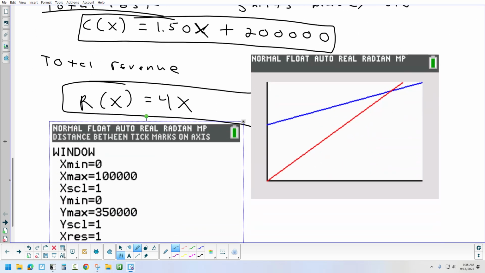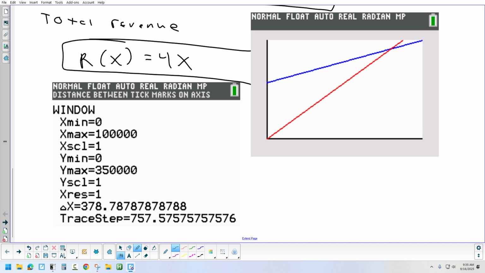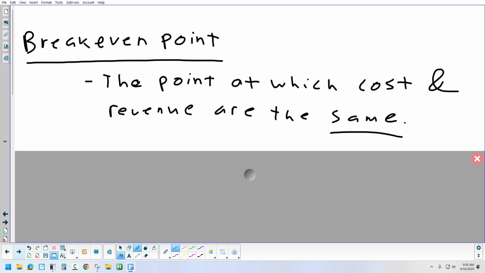All right, so we've got our graphs. Now, what's happening right there? Yeah, that's when they break even. Yeah, that's called the break-even point. So the break-even point is when the cost for making the product is the same as the amount of money that you made. So at that point, what is your profit at the break-even point? Just zero.